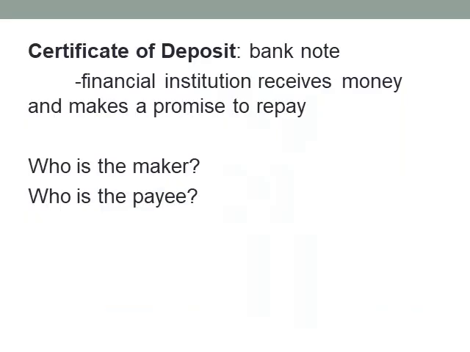Then we have our certificate of deposit. This is a bank note. This is an acknowledgement by a financial institution for receipt of money and a promise to repay it, usually with interest, on a certain date or on demand. Who's the maker of a certificate of deposit? That's going to be the financial institution, and the payee is going to be the customer.